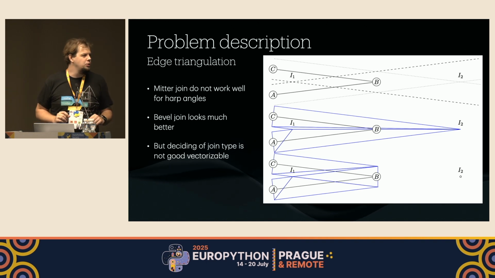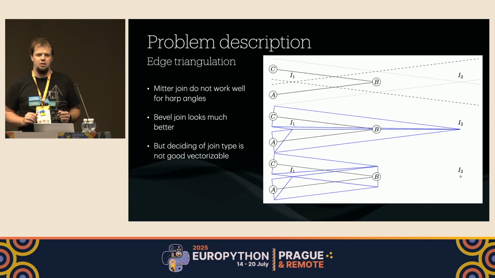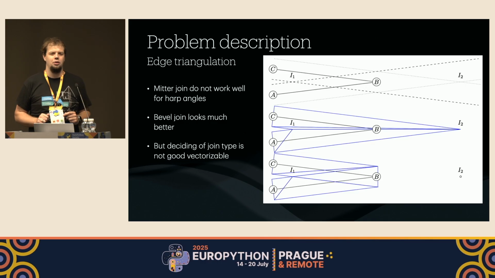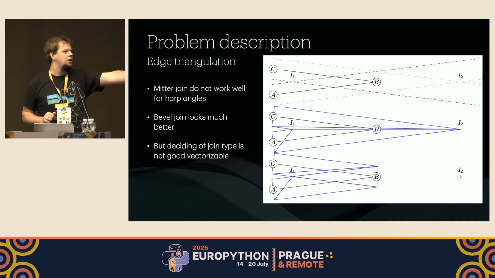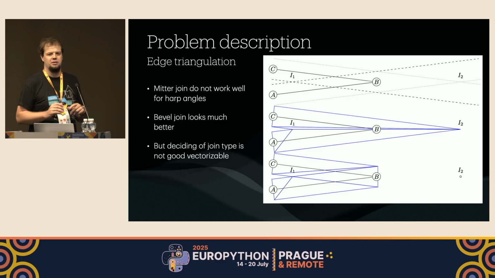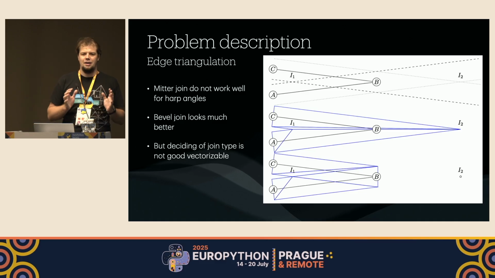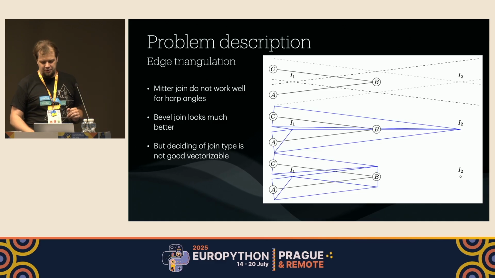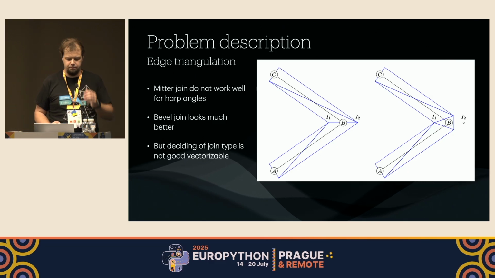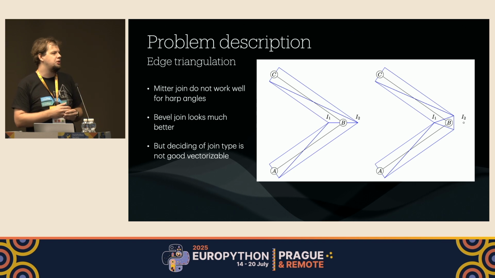Okay, so we need to use the bevel join. But again, you see, the bevel join has one additional triangle. On the miter join, we see 4 triangles. On the bevel join, we see 5 triangles to represent such a part. So there's a next problem. Maybe here is another example of the difference between miter and bevel.